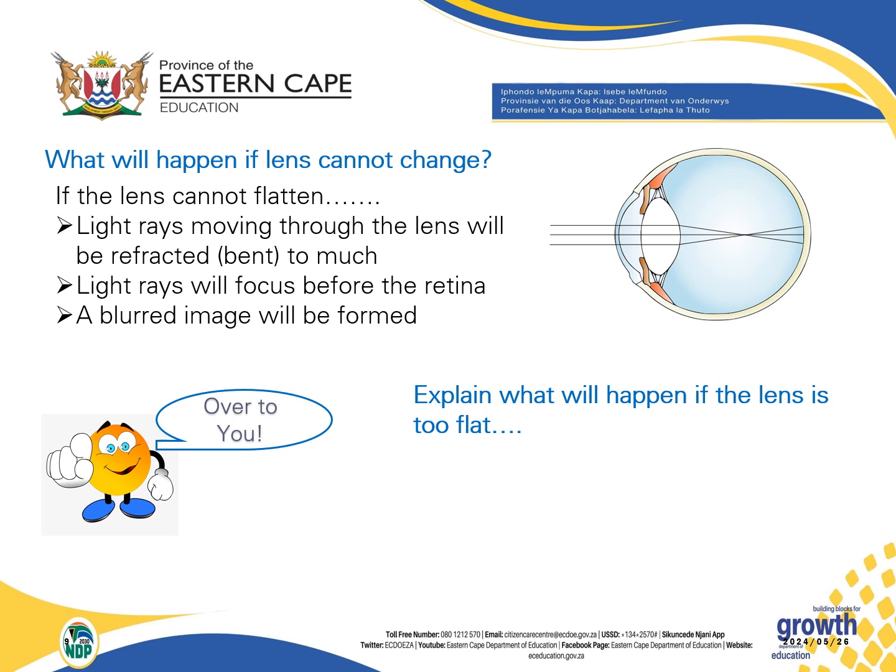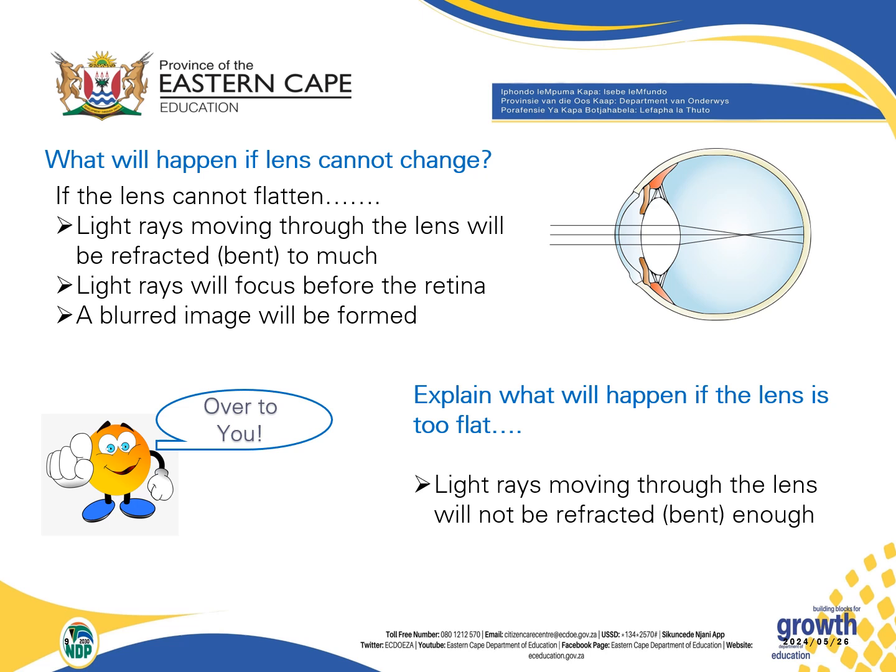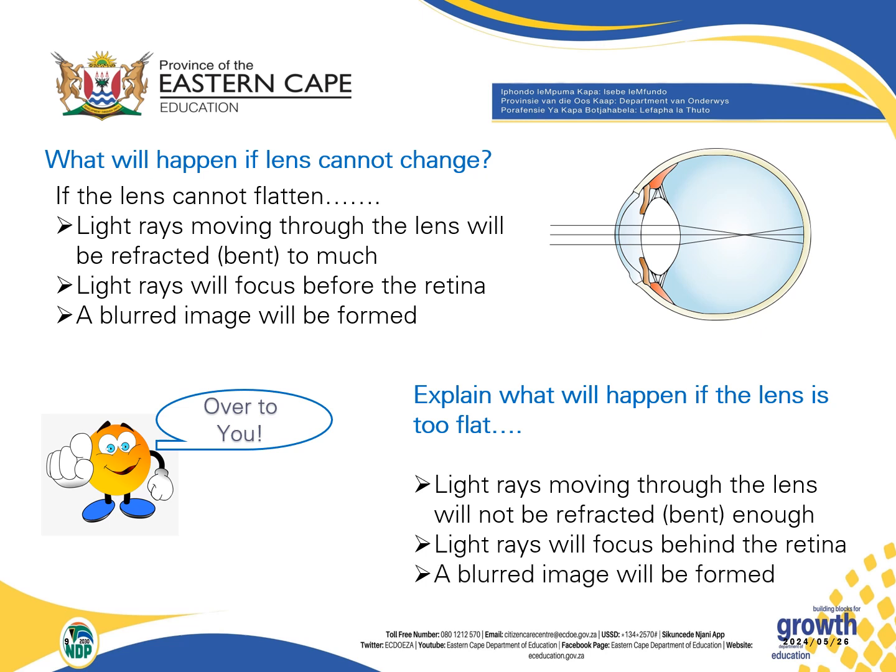Right, let's get back to how to answer if the lens is too flat. If it's too flat, light rays moving through the lens will not be refracted enough. Therefore, light rays will focus behind the retina and a blurred image will be formed on the retina.